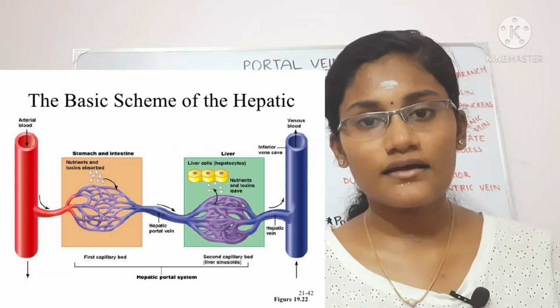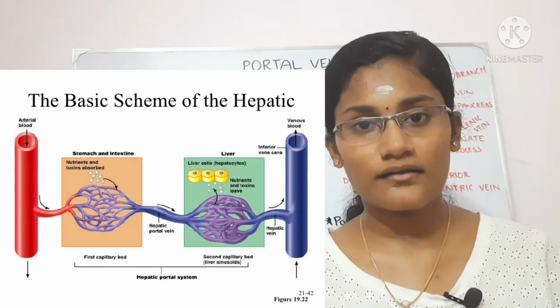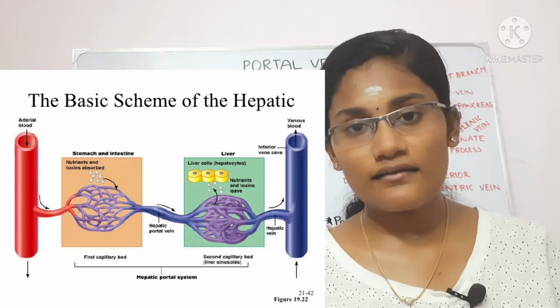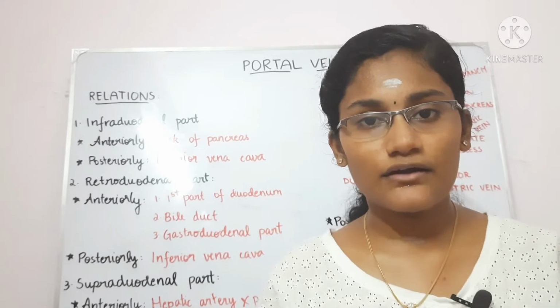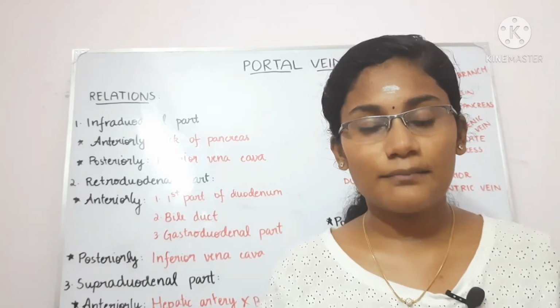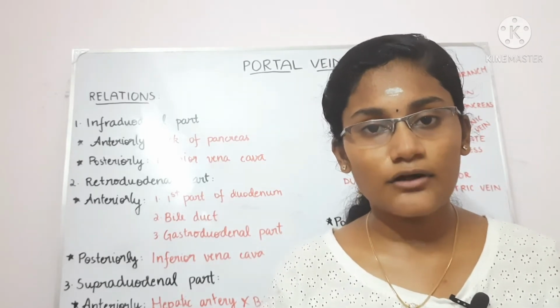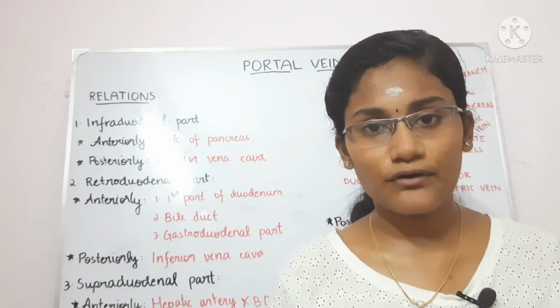The portal vein is a blood vessel that starts from capillaries and ends at capillaries. So it starts from capillaries at different organs and it ends as capillaries in the liver. In between them there are venules and veins. Portal vein transports the blood from the spleen, gallbladder, pancreas and the abdominal part of the alimentary canal to the liver to get purified.